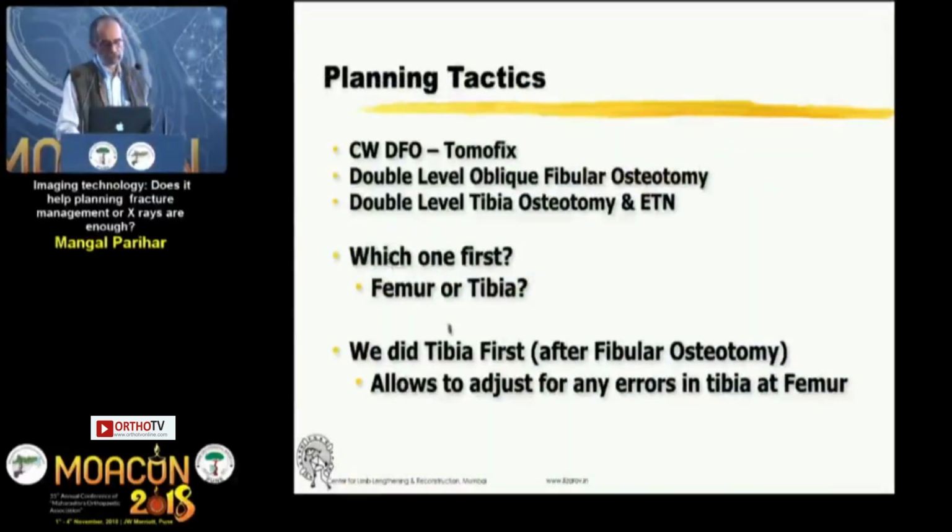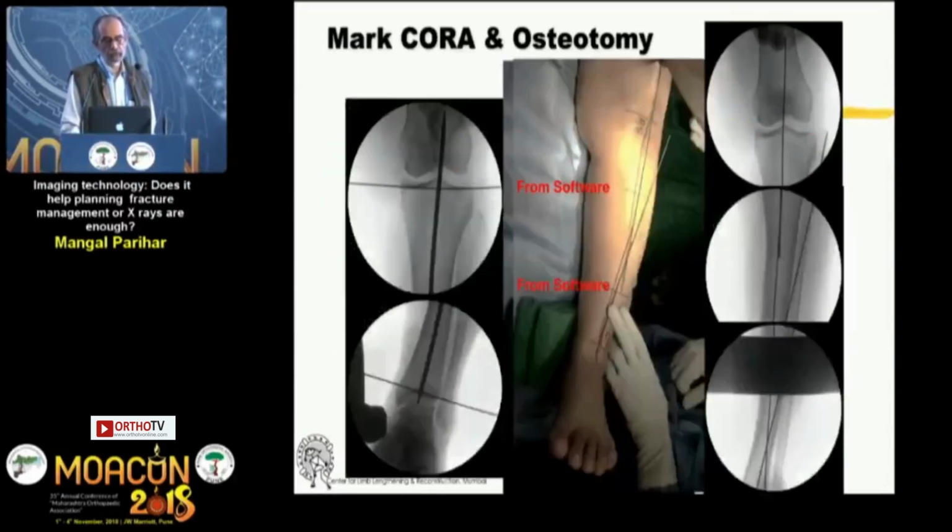In our case, we did the tibia first after a fibular osteotomy, and that allows me to adjust for any errors that we may have made, a couple of degrees in the tibia. I can adjust for that in the femur.